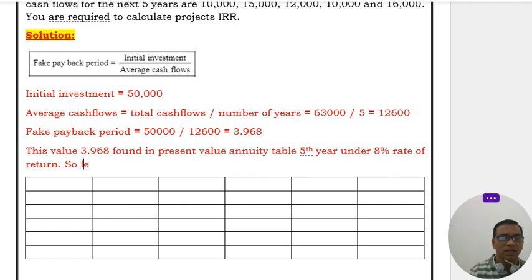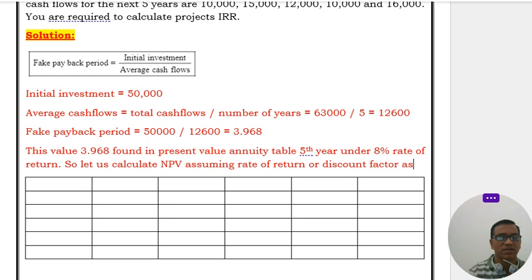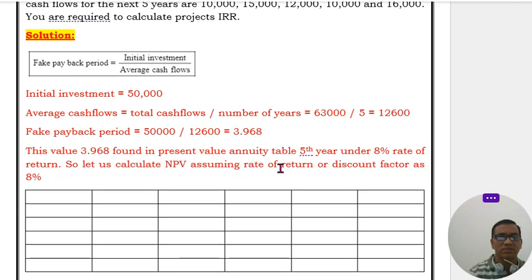So let us calculate NPV, assuming the rate of return or discount factor as 8%, because we found it in the 8% column.